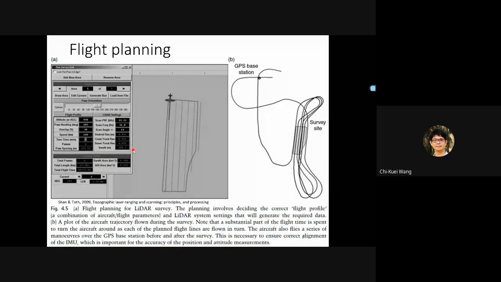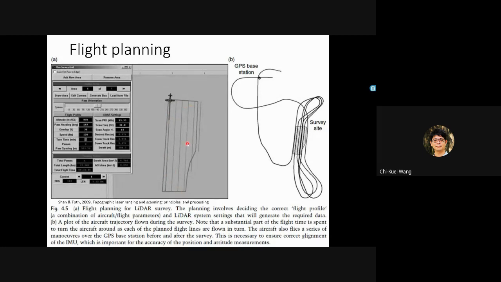Here I'd like to talk a little bit about flight planning, because with airborne LiDAR you need to fly an airplane in order to get the data. This is an example for this area, and this is how you want to collect the data. You will have the airplane fly in this direction.